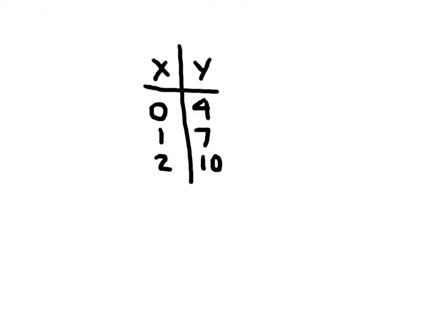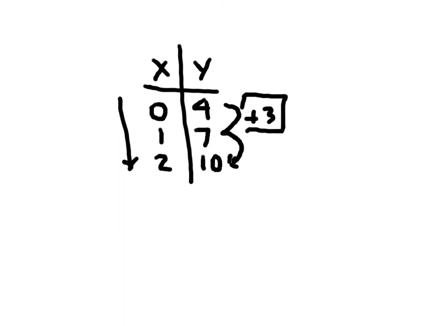Here I have the function table, and I'm asked to write the rule or the equation for this line. So I have the points 0, 4, 1, 7, and 2, 10. From 4 to 7, and then to 10, you'll notice this is going from 0, 1 to 2 already. This is plus 3 each time. Knowing that this is plus 3 each time, I know that I'm working with y equals 3x in one way or another. I know that y equals 3x is part of my equation.